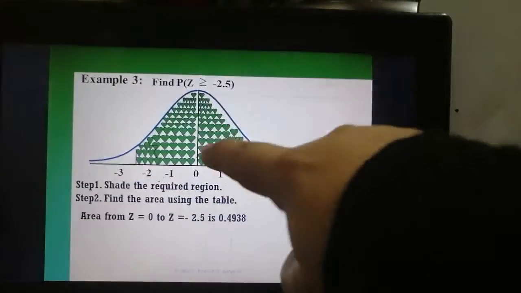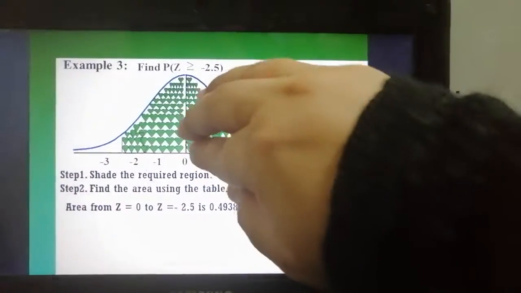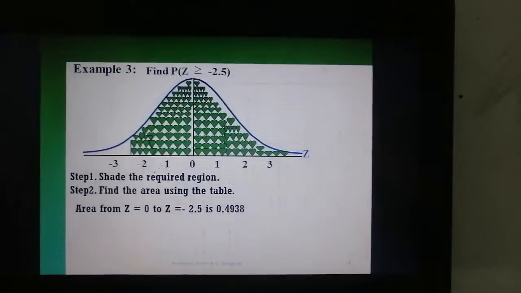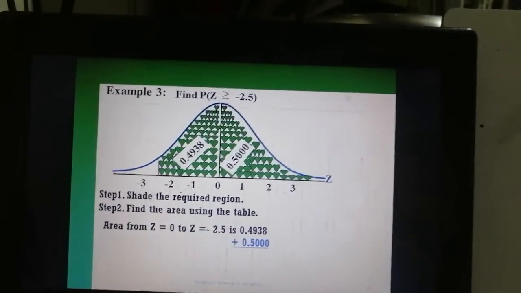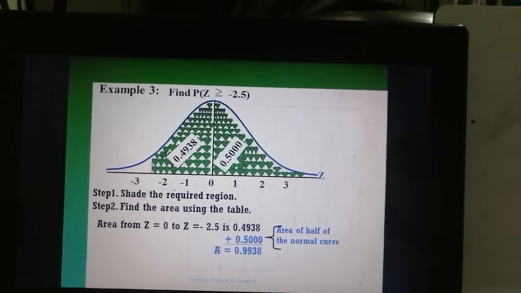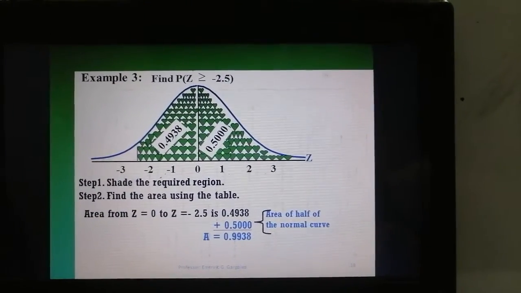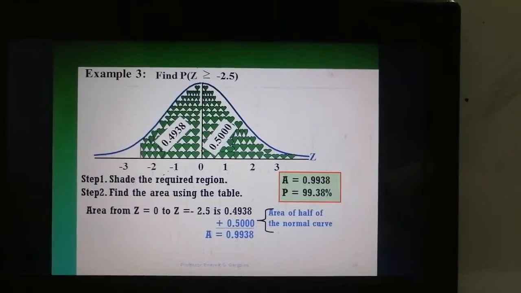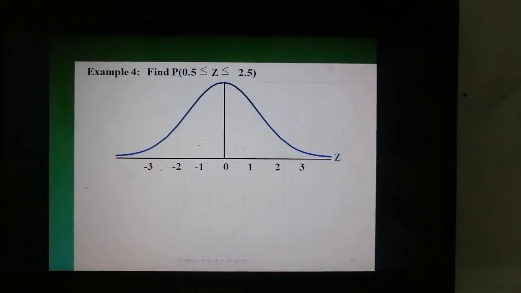Notice that it covers half of the distribution, and remember that half of the distribution has an area of 0.5. So we need to add 0.5, giving us 0.9938. I hope that one is also clear. Now, let me give you another, different example.